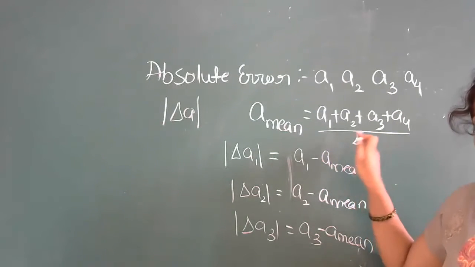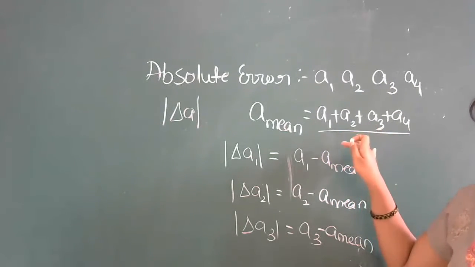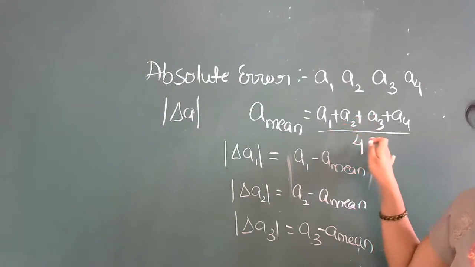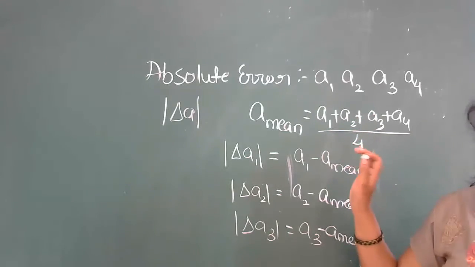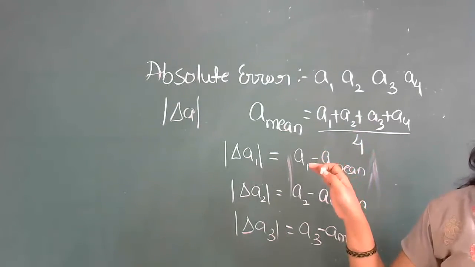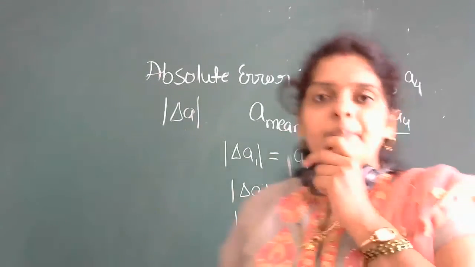What are we calling this mean? We call it the true value of the quantity. The difference is called absolute error. If you want, I'll write the definition here somewhere. Okay.